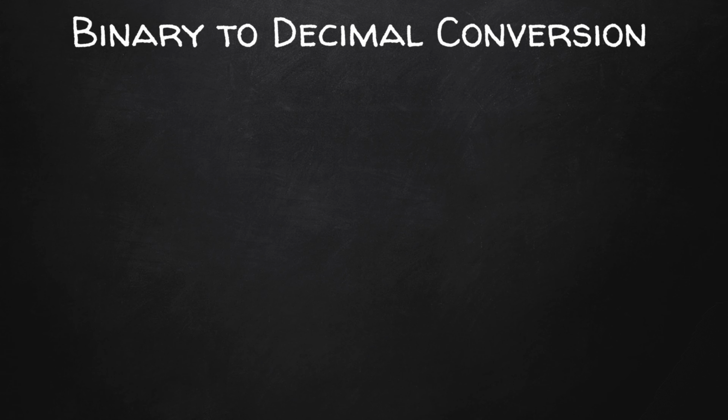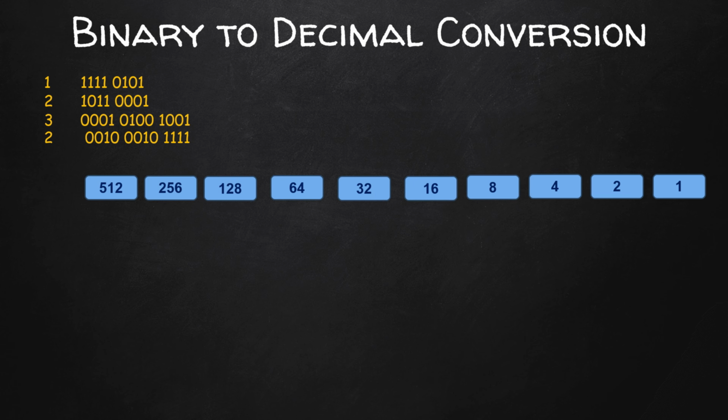Now let's do some homework. I am giving you a few binary numbers and you need to convert them into decimal, and this is our template. We'll go with the first example here. There are 8 bits, so I'm considering the 8 bits from the right side. The first one is 1, so I will make it 1. Second one is 0, so this should be 0. Third one is 1, so I am making this value 4.